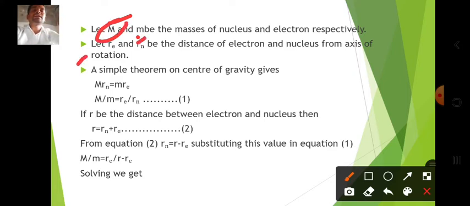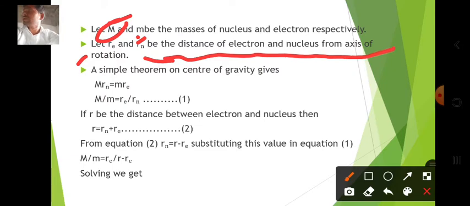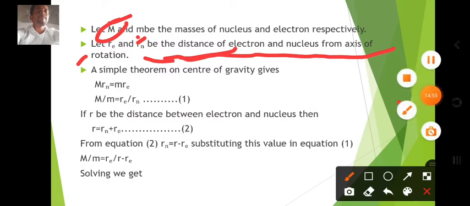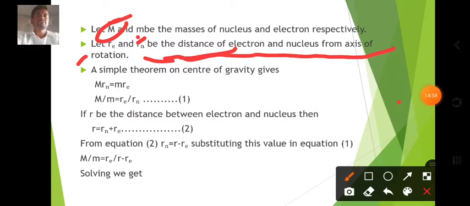And let Re, Rn be the distances of the electron and nucleus from the axis of rotation.